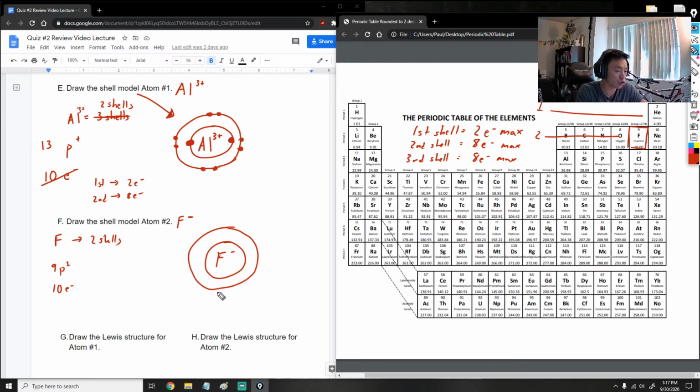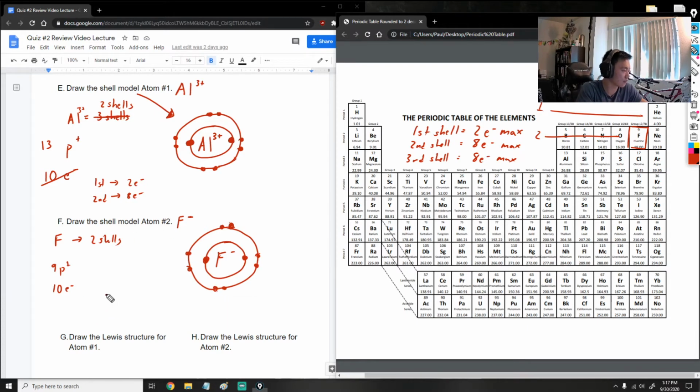Alright, and all we have to do is fill in the electrons now. If you remember, we always want to start from the inside out, and the first shell can only hold 2, the second shell can only hold 8. So we're going to start with the beginning. We're going to go 1, 2, and so that shell is filled up. 3, 4, 5, 6, 7, 8, 9, 10.